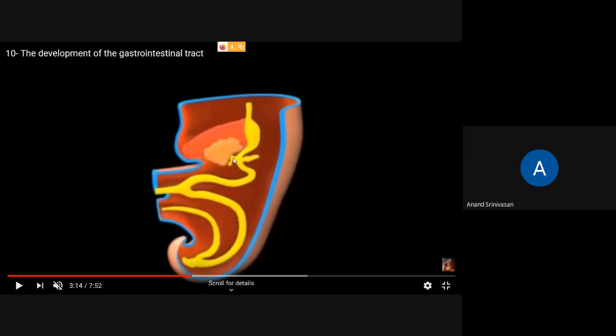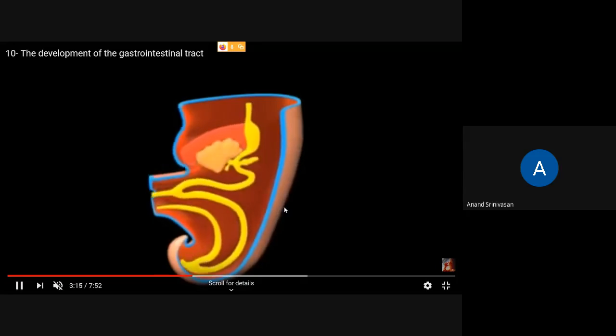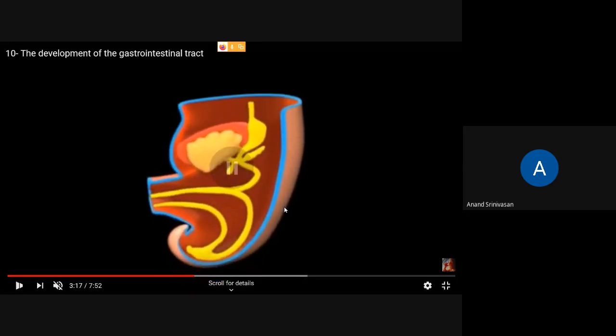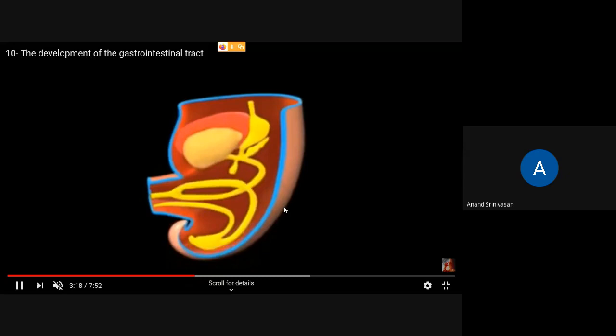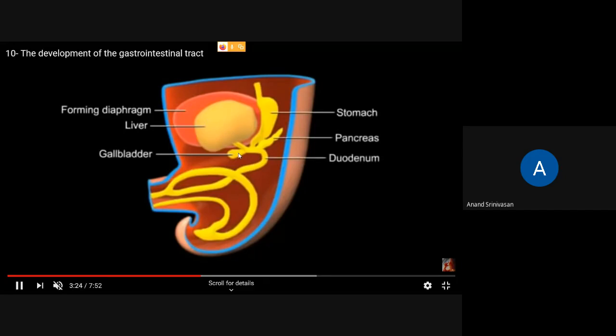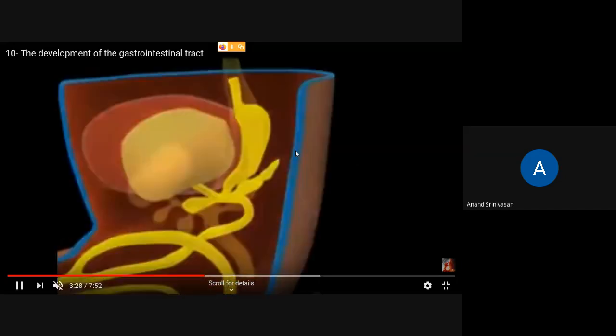Now here you can see the ventral gallbladder, the liver bud and the liver. This is the diaphragm. So that's the diaphragm, liver, gallbladder, dorsal pancreas.